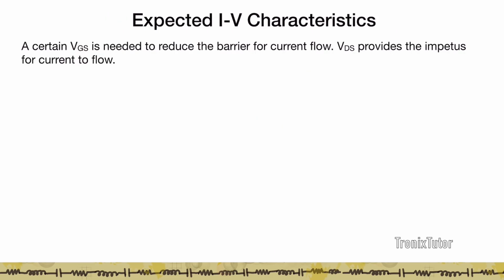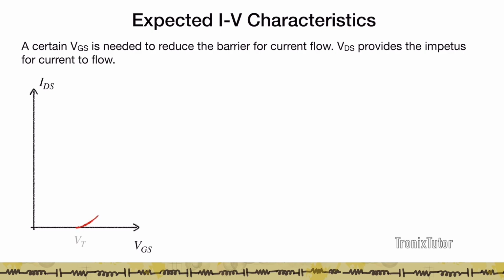So what do we expect in the MOSFET? Let's recall and try to put the IV characteristics of this device together. We know that a certain VGS is required so that I reduce the barrier for current to flow. And for current to flow, I need to have a certain drain to source voltage.